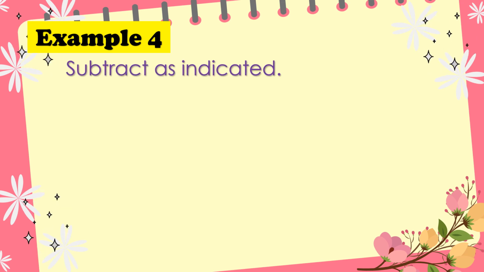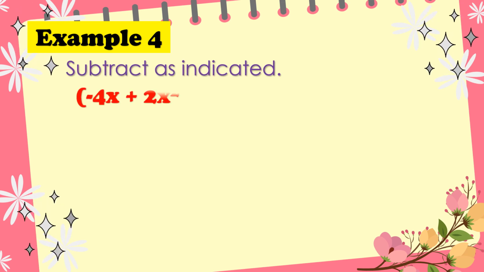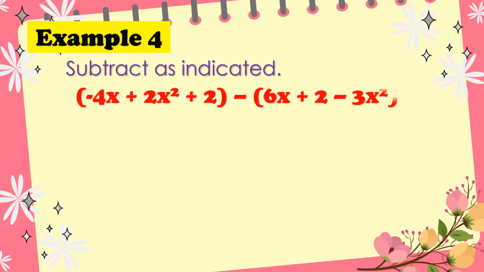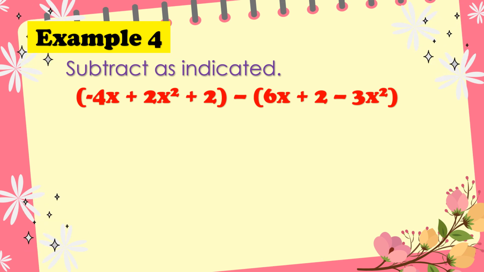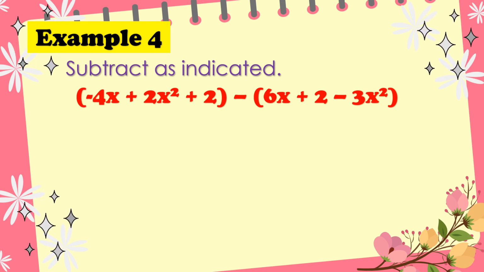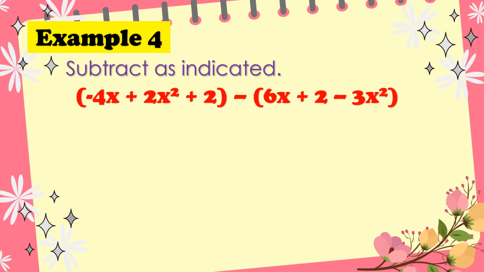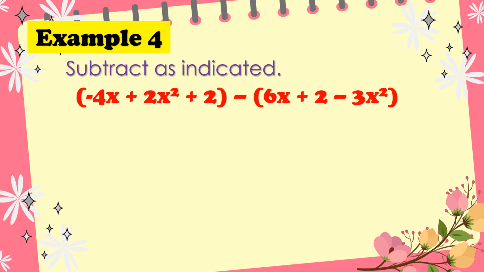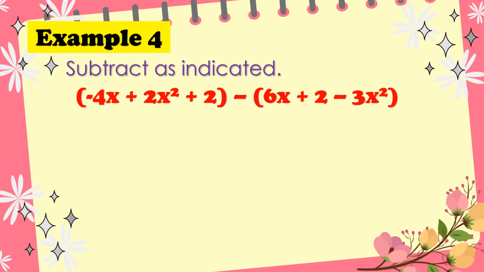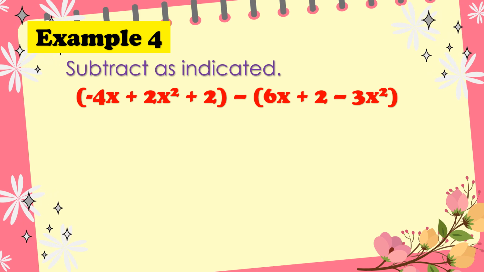Example number 4, subtract as indicated. Quantity negative 4x plus 2x squared plus 2 minus the quantity 6x plus 2 minus 3x squared. So, trinomial to, pwede natin gamitin yung vertical subtraction para mas mabilis. So, pwede natin i-rearrange din yung mga terms into standard form.